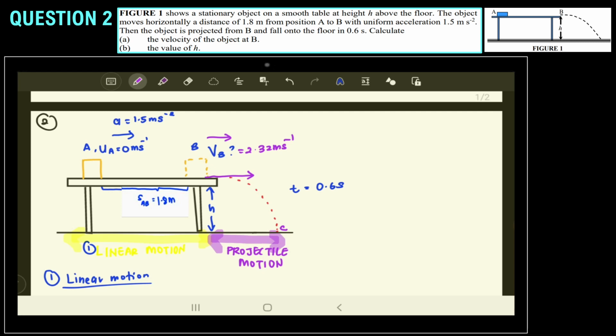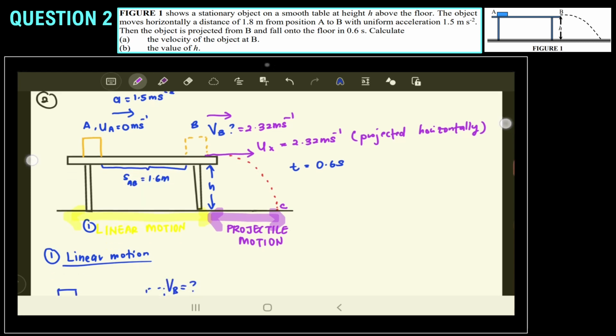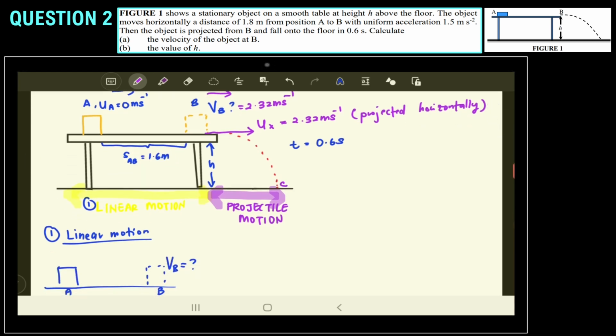So look at the purple color. Here for the second part we have U. At point B we have UX is equal to 2.32 meter per second. So I write here is projected horizontally. There is no angle. So when projected horizontally, we have UX is equal to 2.32, and as we know, UY is equal to 0.